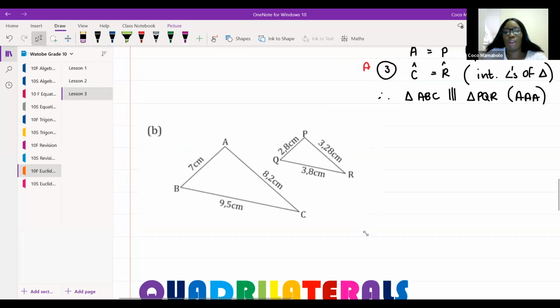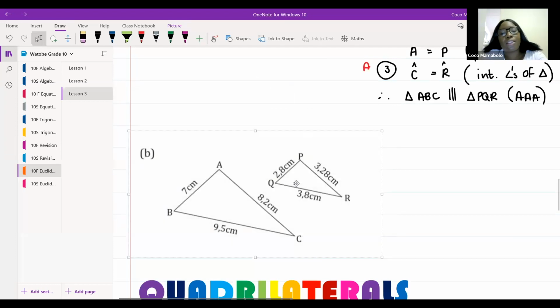All right, now let's look at these 2 that they've given us over here. The instruction is prove that they are similar. I'm going to ask you guys, this is a yes or no question. Can we use angles in this question to prove similarity?